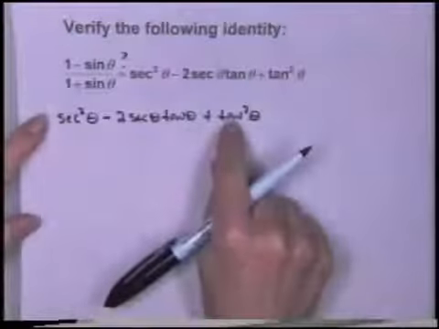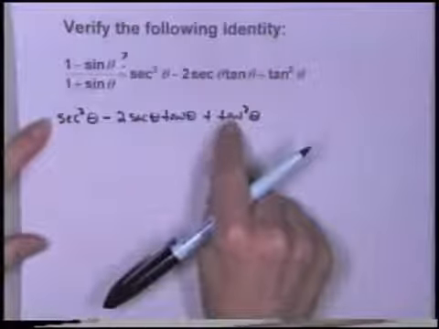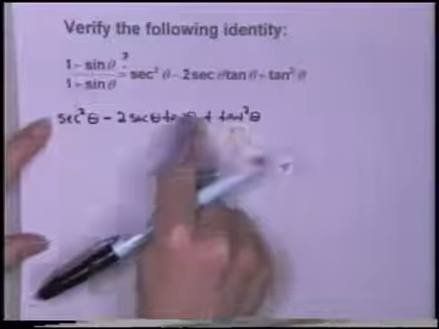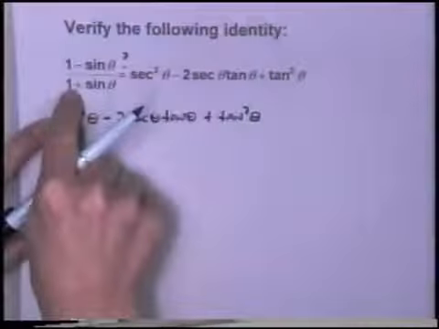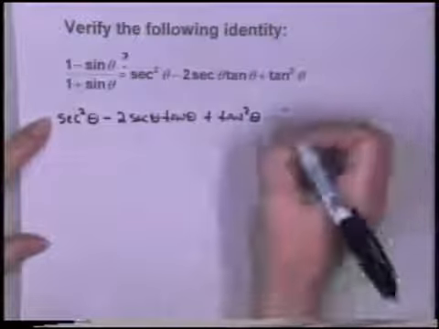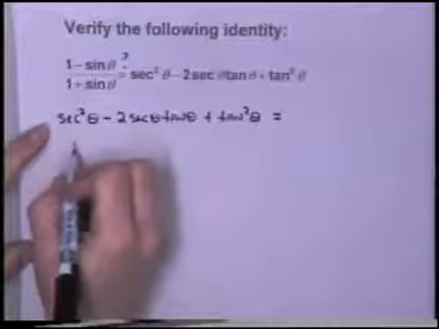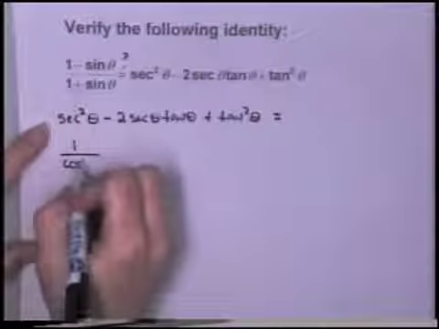Now again, there's two or three things you could do to get started on this problem. You can probably factor this like it is right now. That might be good to do. Or because I have secants and tangents here and what I'm trying to get is only the sine function, you might consider going to sines and cosines here. I think that's what I'm going to try to do before I even try to factor, just to see what happens.